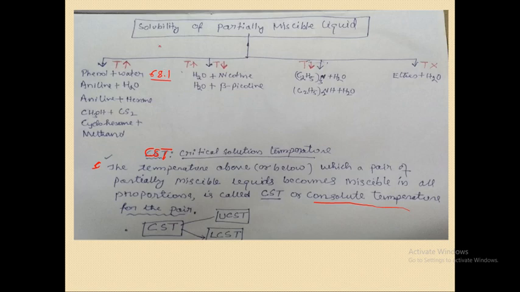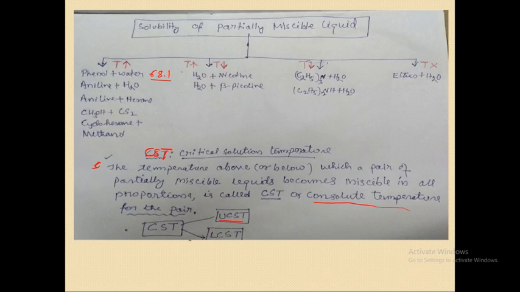Above this temperature, they become completely miscible and form a one-phase homogeneous solution. This can be seen in some liquid pairs like phenol and water that become completely miscible above a certain temperature, which is said to be the upper critical solution temperature.